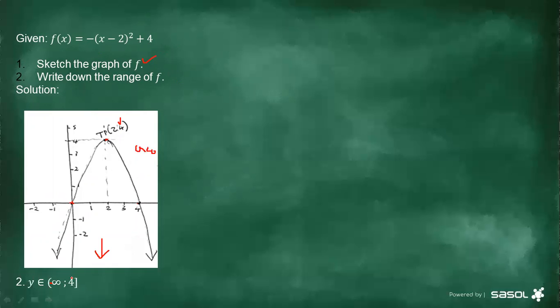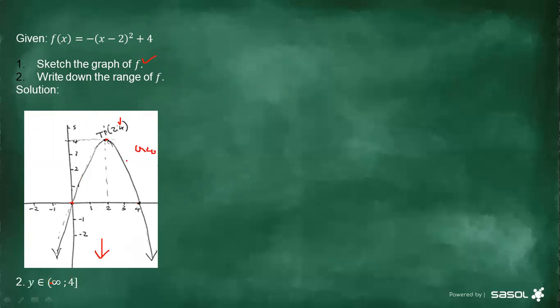And then you can see the square bracket. And remember, the infinity sign will always contain a round bracket. As you can see, it is a round bracket. And then this 4 is going to take a square bracket. It's not always so in other functions, where because there is a number there, you just put the square bracket. Let us understand why in some cases we put a square bracket, in some cases we don't.